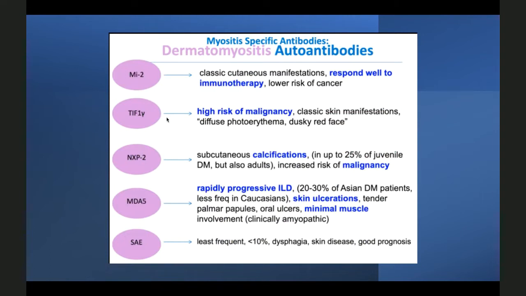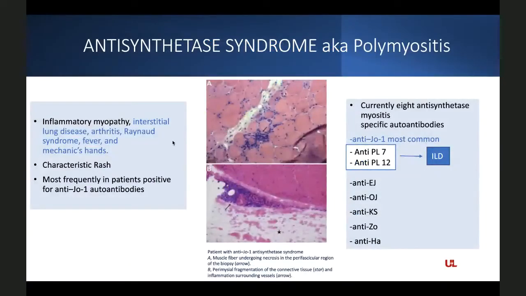So the main thing to remember would be the first four, TIF1 gamma with high risk for malignancy, MDA5 with increased risk for ILD, and so forth. Moving ahead, that was for dermatomyositis, just for the antibodies. We'll talk about the MRI and things further.